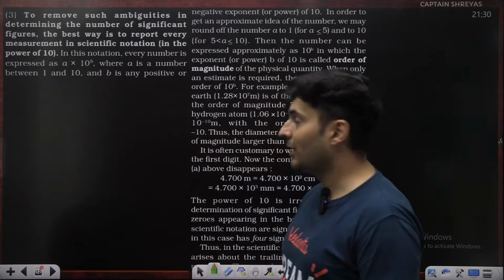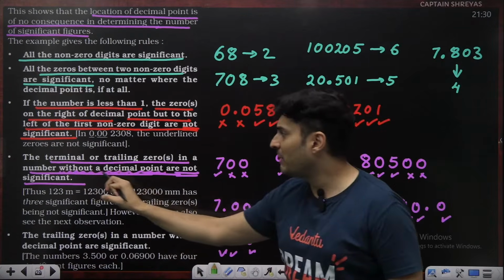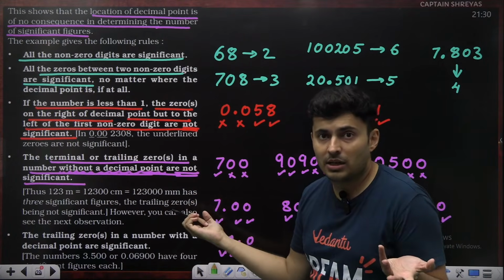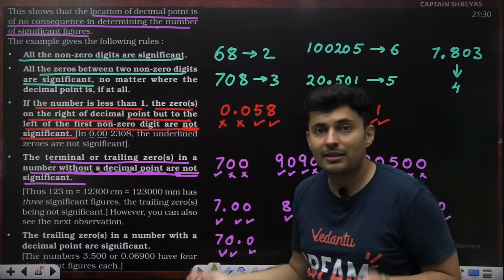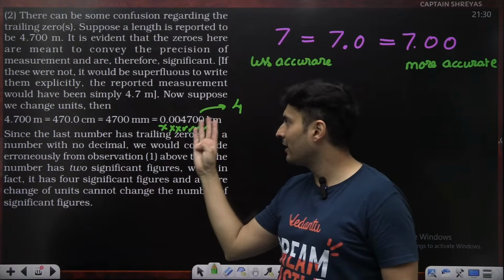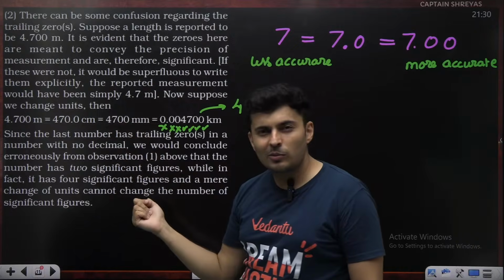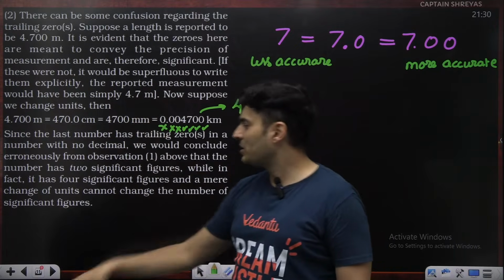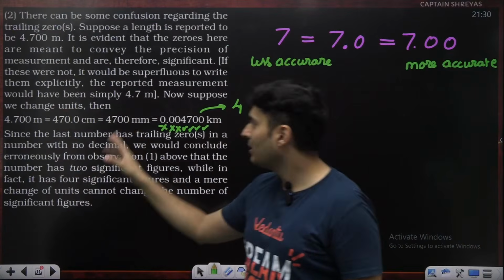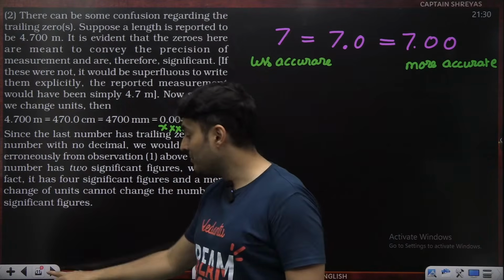But then you will say, sir, as per this particular rule, ending zeros without decimal should not be considered significant. Getting my point? Here, this number had four significant figures, but when you convert it into millimeters, it became 4700. Those two zeros, as per this rule, are not significant. So then you might think it has only two significant figures. So there comes that confusion.